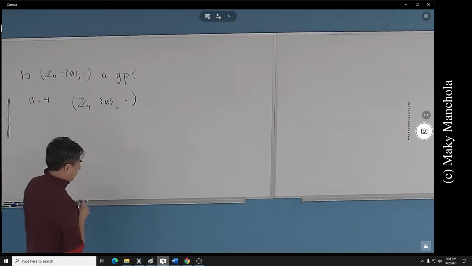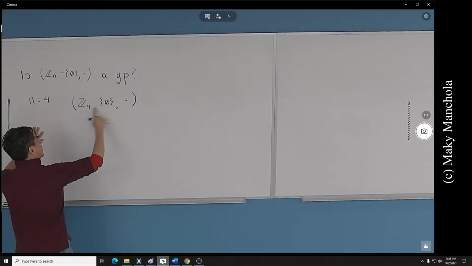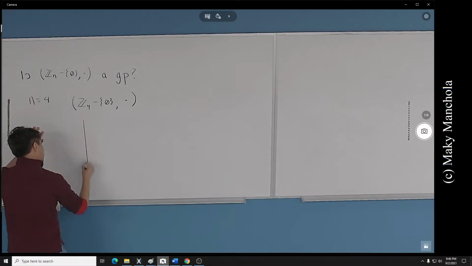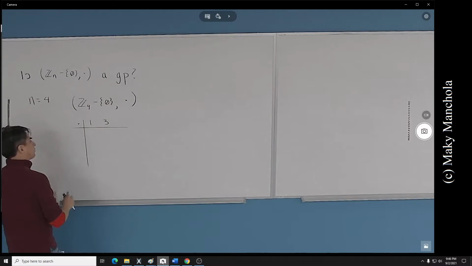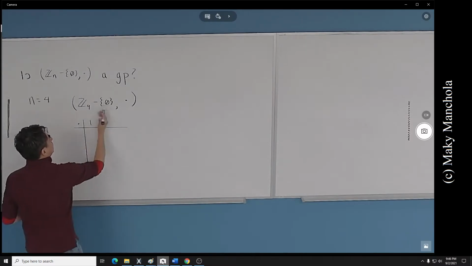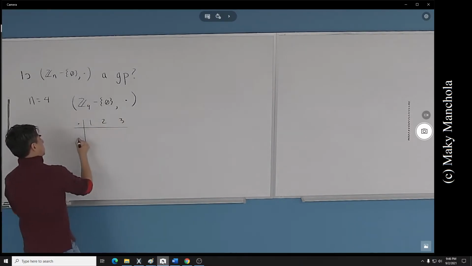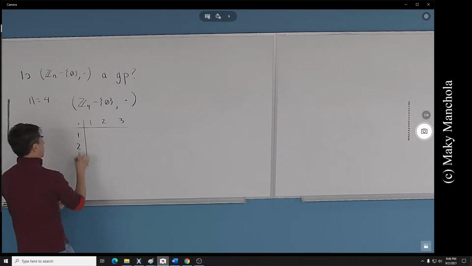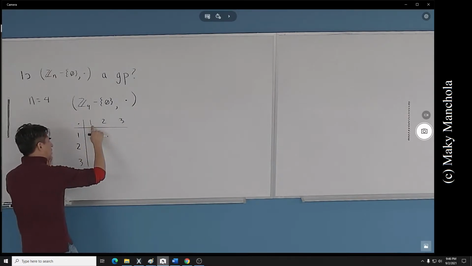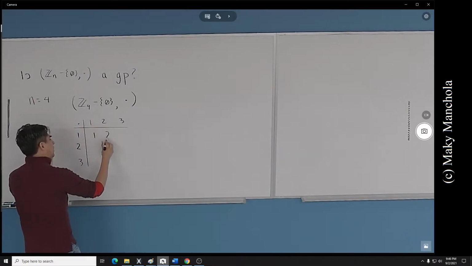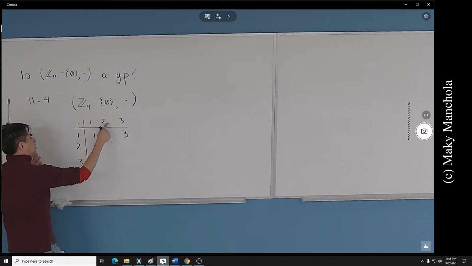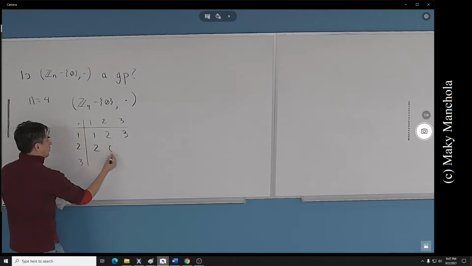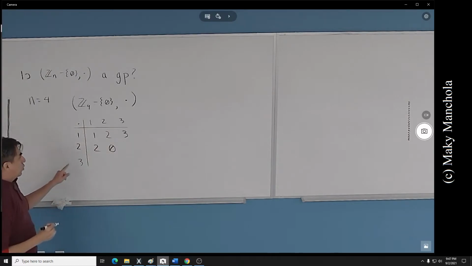Now, from the Cayley table for this structure, we see that when we multiply 1 times 1, we get 1, times 2, we get 2, times 3, we get 3. 2 times 1 is 2, 2 times 2 is 0, because remember our multiplication is modulo 4.